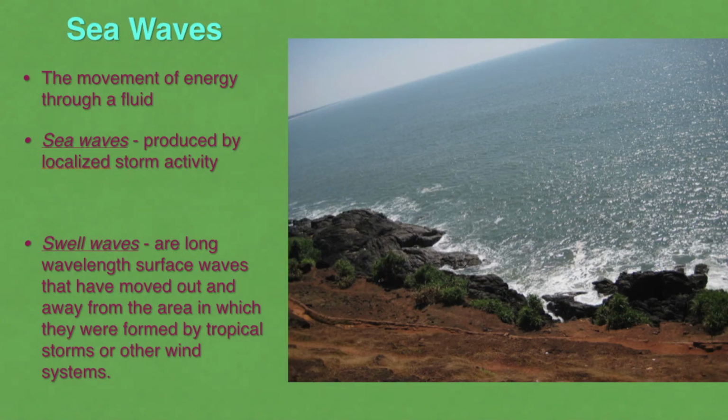The movement of energy through a fluid, when we say sea wave, they are produced by localized storm activity. Swell waves are the long surface waves that have moved out and away from the area in which they were formed by the tropical storm or other wind systems.